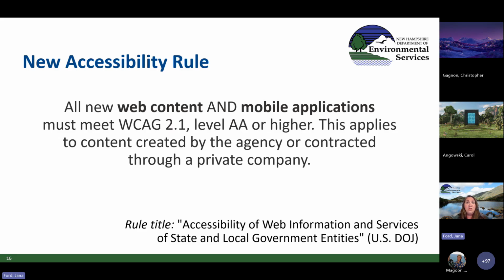Our websites, online forms, databases, mappers, etc., provide a convenience for our customers, and equal access to that content is required under these laws, just like if they were visiting us in person and requesting information. This new rule clarifies this and provides technical guidance for how to be compliant with WCAG. And the deadline for state agencies to be compliant is April 24th, 2026.